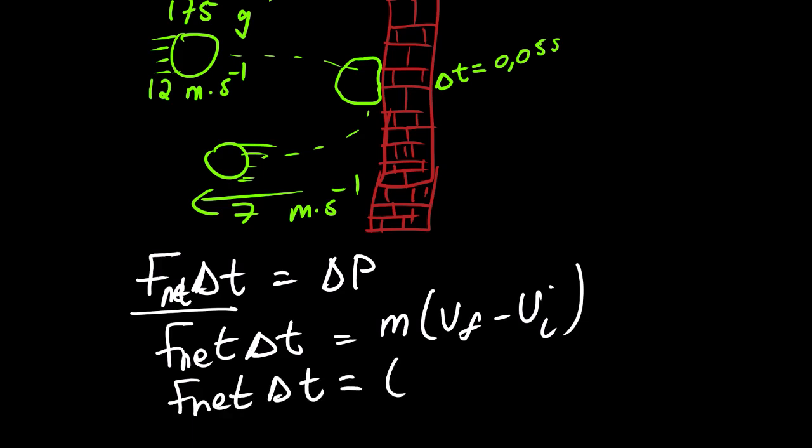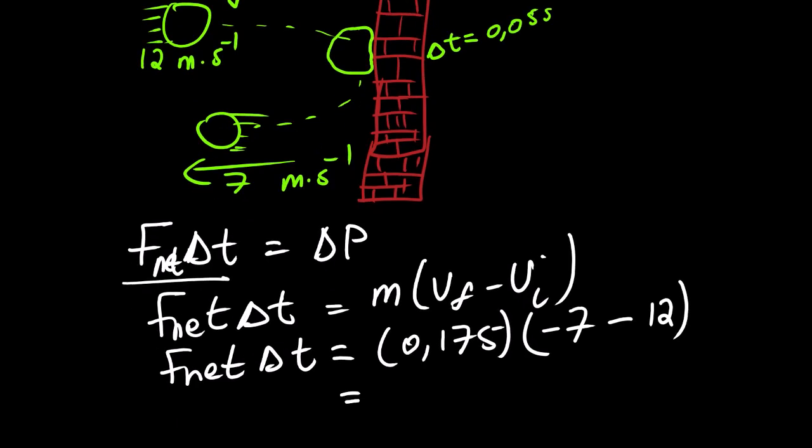The mass we convert to kg by dividing by 1000. It's 0.175. Final velocity will be -7 since it's moving in the opposite direction, and then minus 12. The impulse of the ball is -3.325.